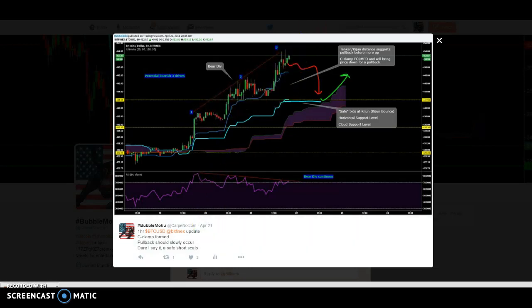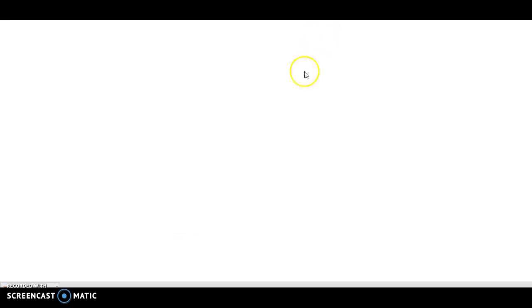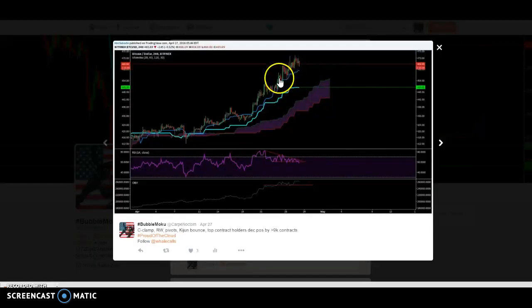It's April 21st. It extends a little bit. I don't remember exactly, I'd have to check, but this is April 27th, so 6 days later. You can see the Kijun here. Again, that's a C clamp. We have some RSI consolidation. I'm watching this OBV level.